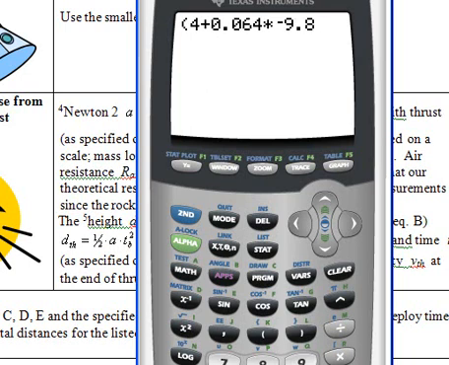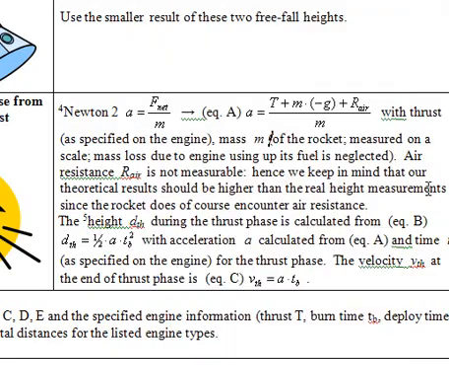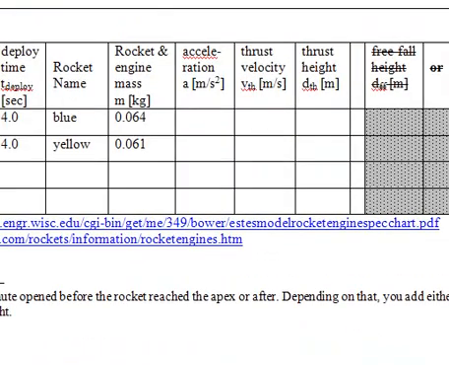So there's that negative, the weight pulling it down, close the parentheses, divide by the mass 0.064 kilograms, and that gives me the acceleration of around 53 meters per second squared. So that's how fast it accelerates, about 5 times as much as what gravity tries to pull it down, if you compare 9.8 to 53.